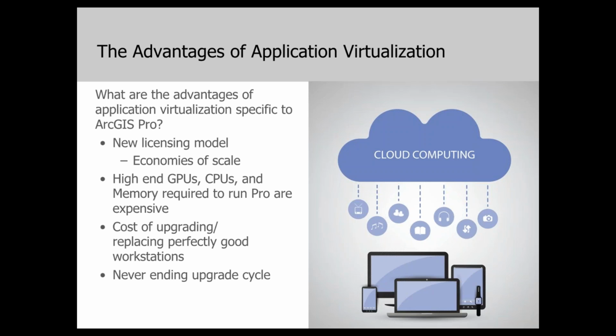We can use these cloud servers and leverage high-end GPUs, CPUs, and the memory required to run Pro. And it's a lot more cost-effective to invest at a server level on GPUs versus local workstations around the office. And another thing that relates to that is the cost of upgrading perfectly good workstations.